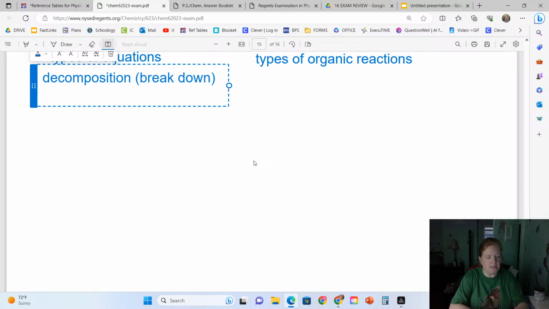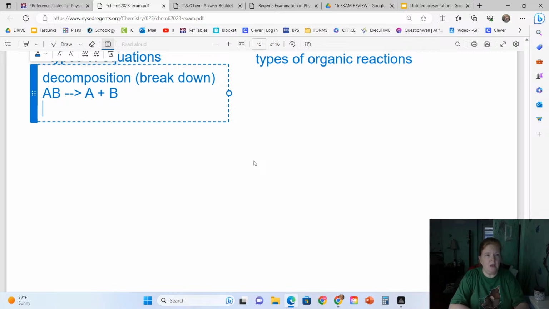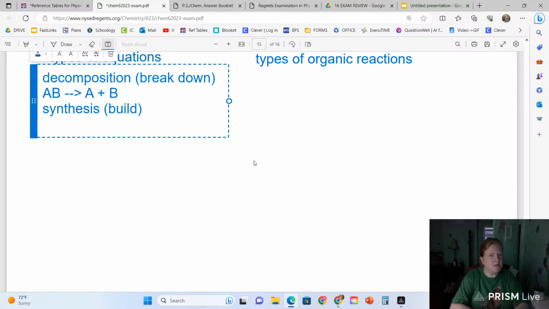So that means I take something that is connected together, like AB is bonded together, and I break it apart into A plus B, okay? And then I have synthesis, and synthesis means to build. Okay, so this is going to be the opposite of decomposition. So I'm going to have A plus B combining to form AB.